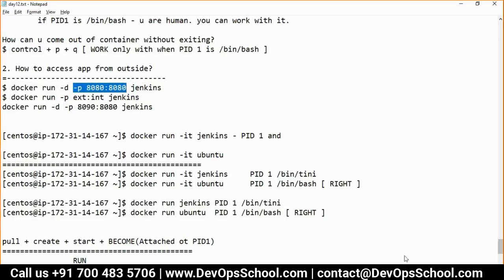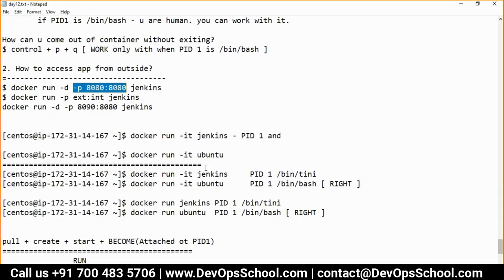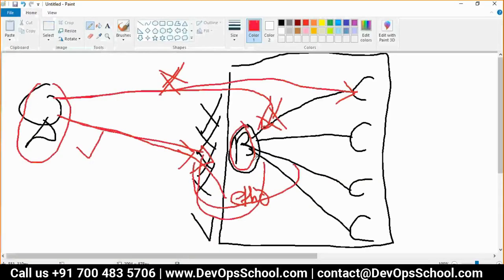Got it? Rajesh, one question. What is the use of the internal port that we have here? Both you have defined 8080 for the instances you have created. My question is, you have mentioned 8080.